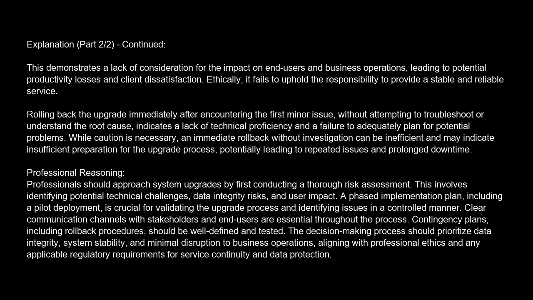Clear communication channels with stakeholders and end users are essential throughout the process. Contingency plans, including rollback procedures, should be well defined and tested. The decision-making process should prioritize data integrity, system stability, and minimal disruption to business operations, aligning with professional ethics and any applicable regulatory requirements for service continuity and data protection.